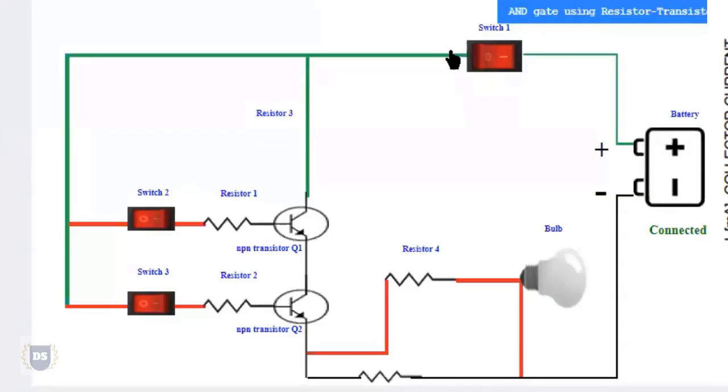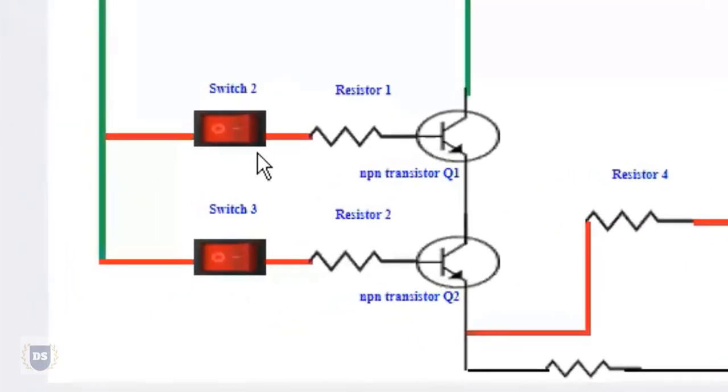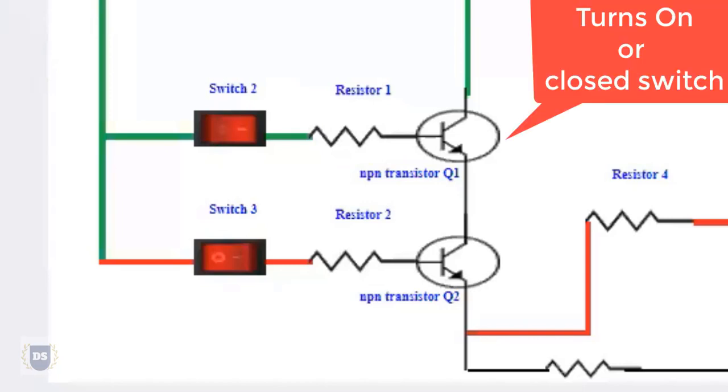Okay, well, now I'll turn on switch number 2, and you can see that this green colored line has been extended over here, meaning there is a connection established in this path. When this connection is established, I'll have some current IB flowing via this path, and this transistor starts to operate in the saturation region, or it turns on, which can be represented by a closed switch.